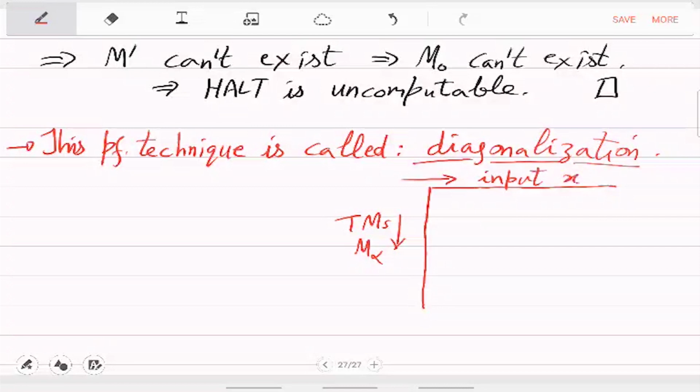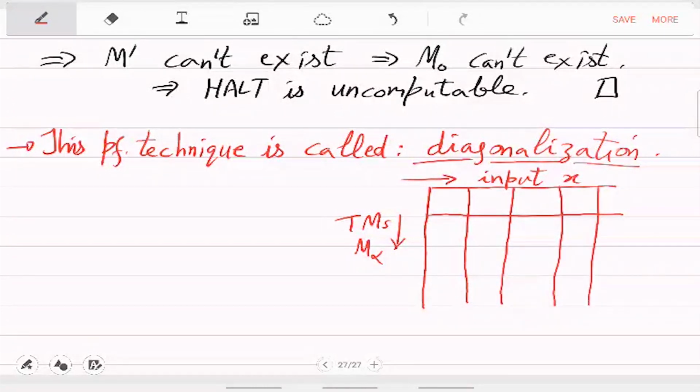Now for this row string, you fill in the answers on the column string being used as input. And what this Turing machine M prime is doing is negating the answer, right. It is actually working here. It is negating the answer of what? M alpha, alpha on alpha, right.